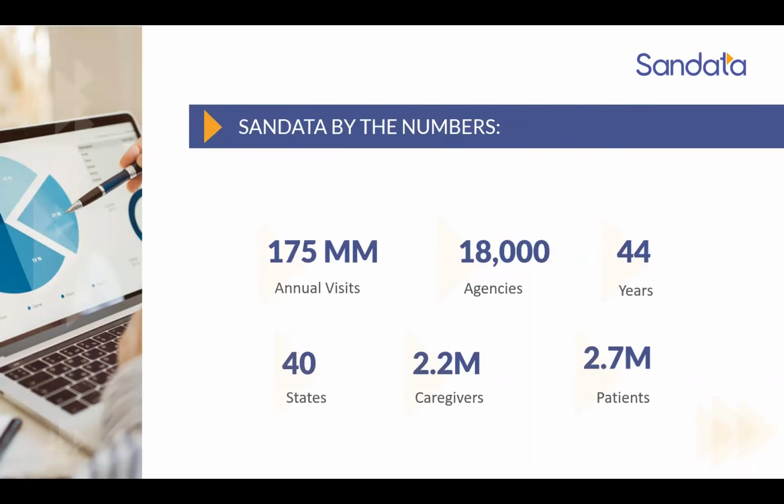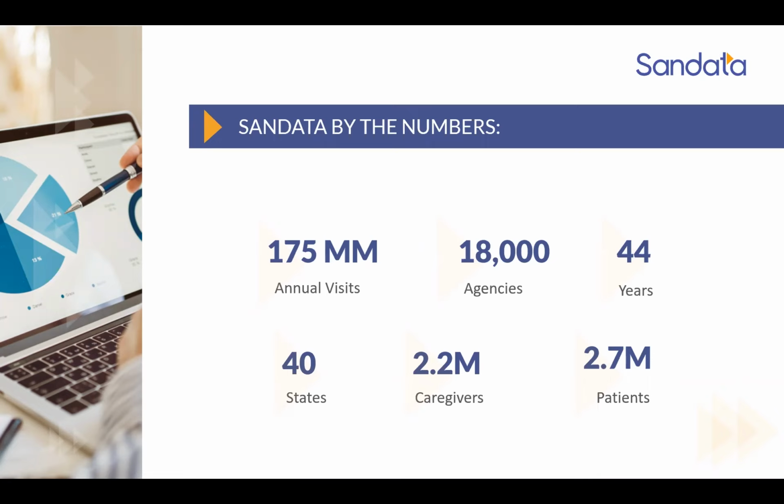So a quick look at how big Sandata is. In home personal care services, we are by far the most dominant vendor in the United States. You can see here, in 2022, last year, we processed 175 million annual visits across 18,000 provider agencies in 40 different states that came from 2.2 million caregivers who were serving 2.7 million patients.